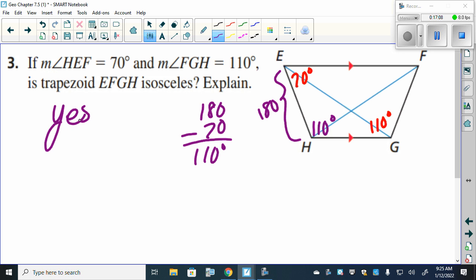Yes. Which means F is 70. And we could have gone about it the exact same way and said 180 minus 110, which would have given us 70. And that's it. Questions on this here?